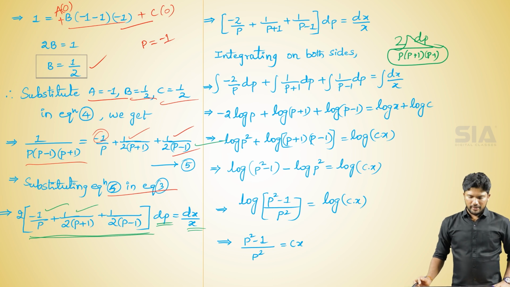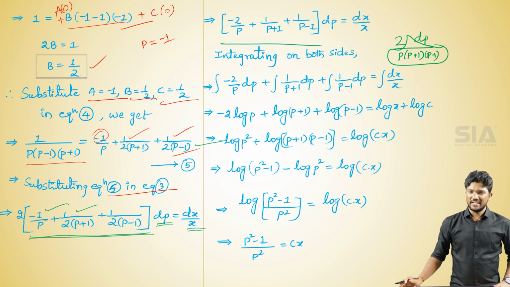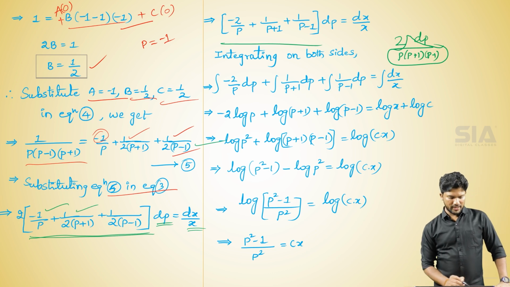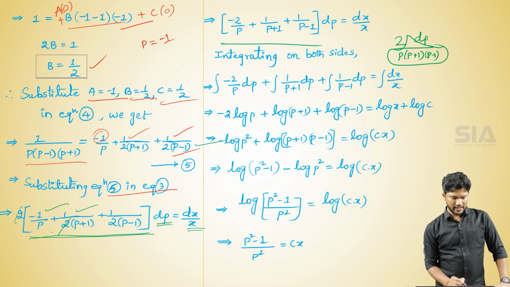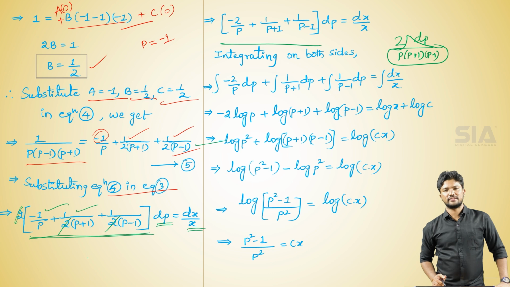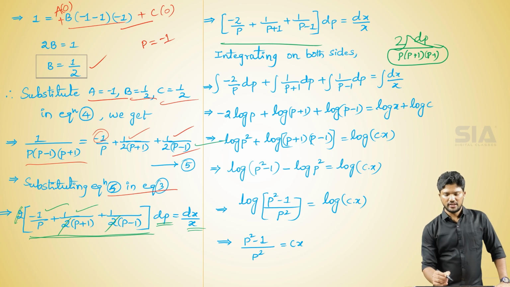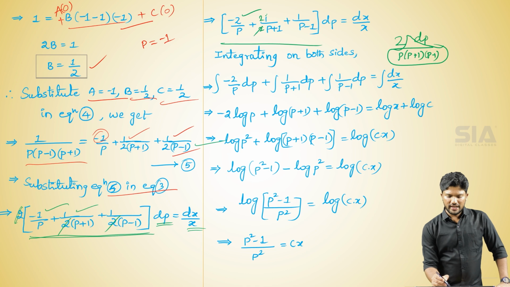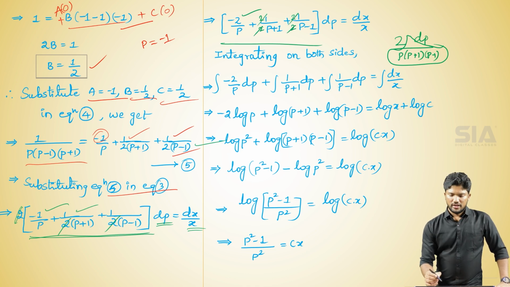Now multiply with 2. In the LHS, minus 2 by p plus 1 by (p plus 1) plus 1 by (p minus 1), because 2 will get cancelled in the second and third fractions. So dp is equal to dx by x.